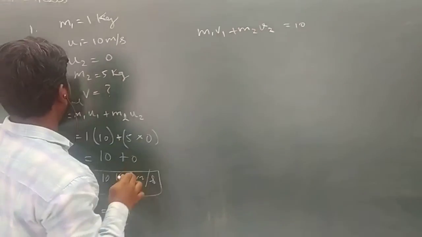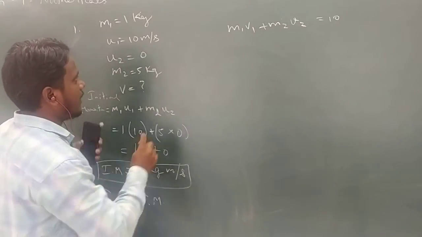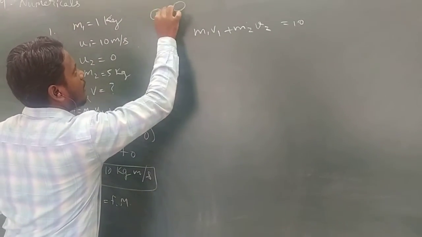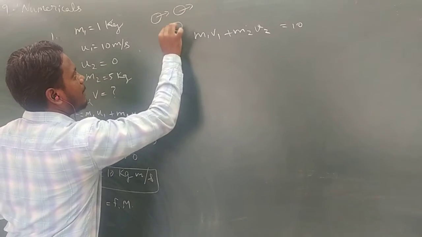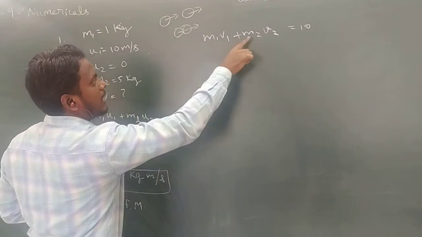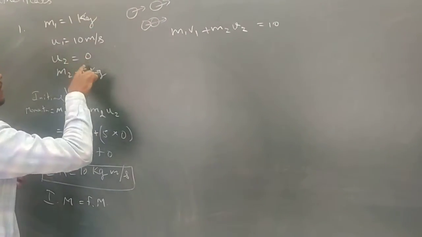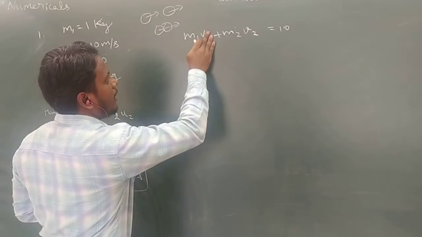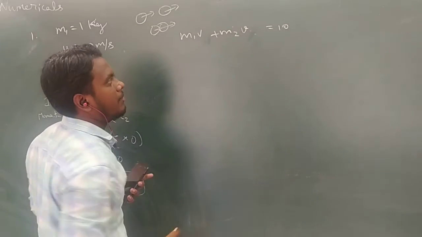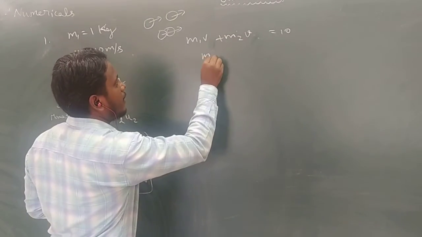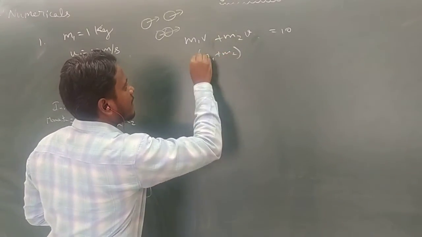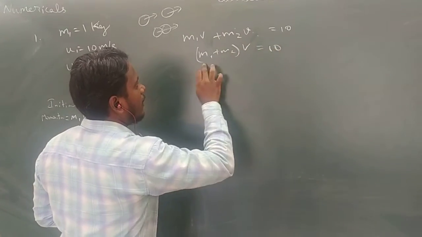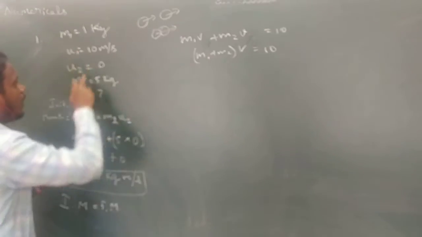Now they are given like a combined object. What do you mean by combined object? Both the objects moving together have combined. Now what is the mass? Mass will be the sum of these two objects. And what is velocity? It is common, right? So it will be like this. Then m1 plus m2 v equal to 10. m1 is 1, m2 is 5.